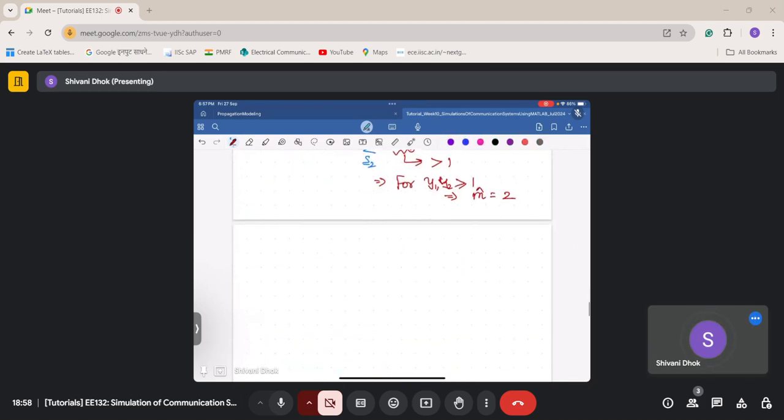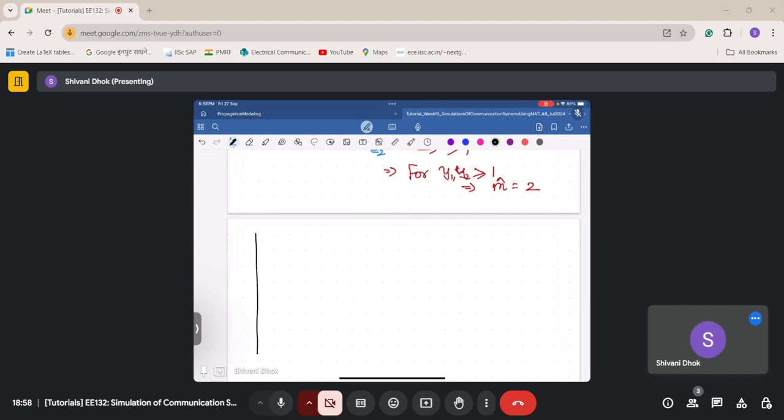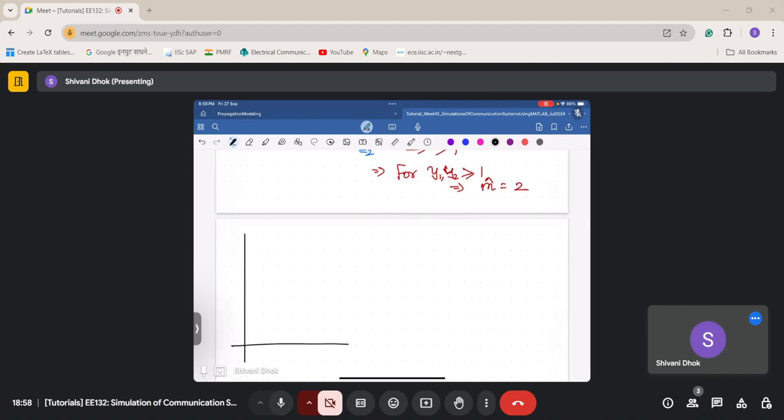So what we have is something like this. Let me draw that figure again. This is y2, this is y1, this is 1.